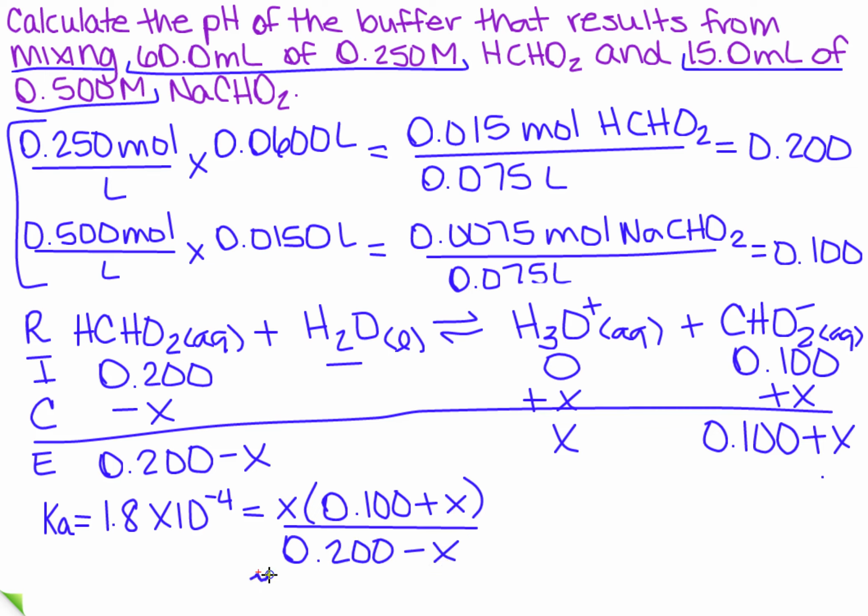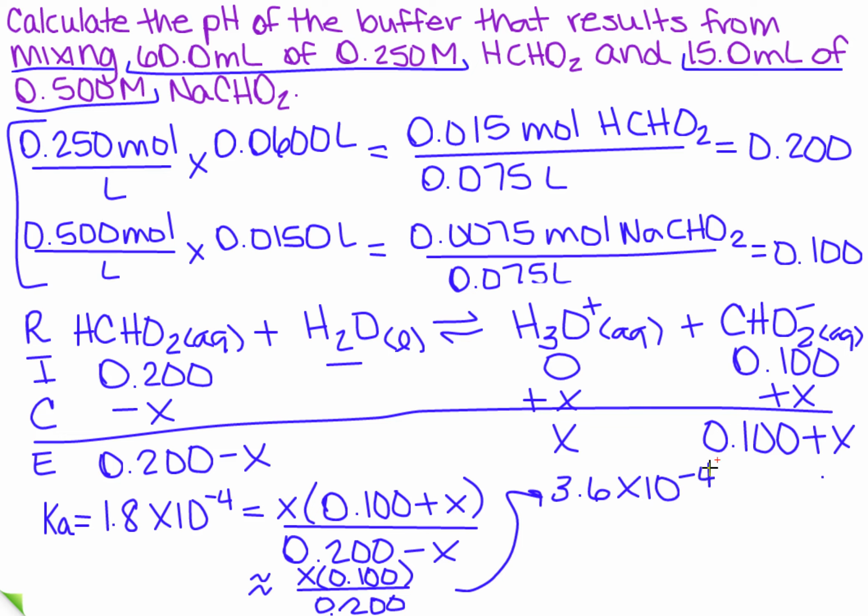If I do an approximation, that becomes x times 0.100 over 0.200. And when I do that calculation, what I find for x is 3.6 times 10 to the minus fourth.